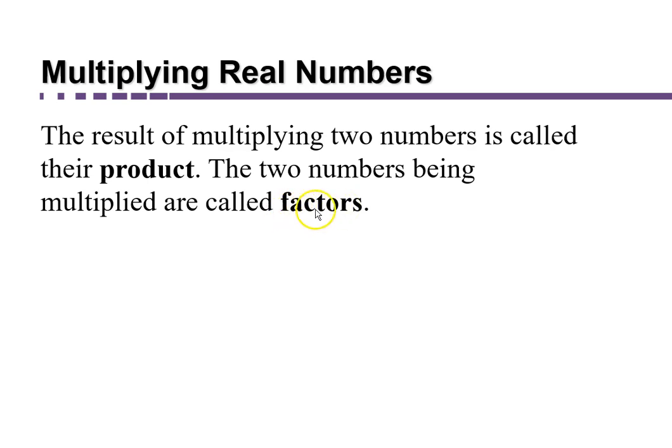So when we multiply factors, which are the numbers involved in multiplication, the end result is called the product. So if they're asking you for the product of something, then you're thinking of the operation multiplication.